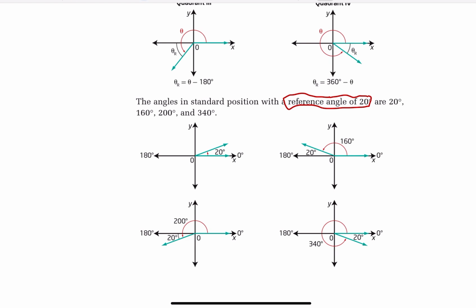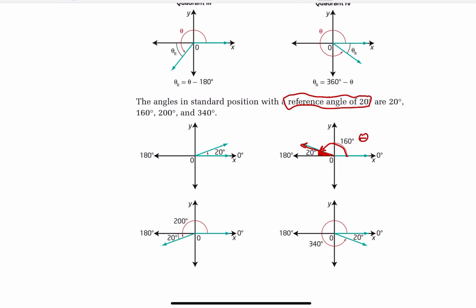So in this case, if you are given the reference angle, which is this one, 20, I know this will give me my terminal arm. Without looking at anything, I will just go from the right side of my x-axis and draw until I touch my terminal arm, and that will be my theta.